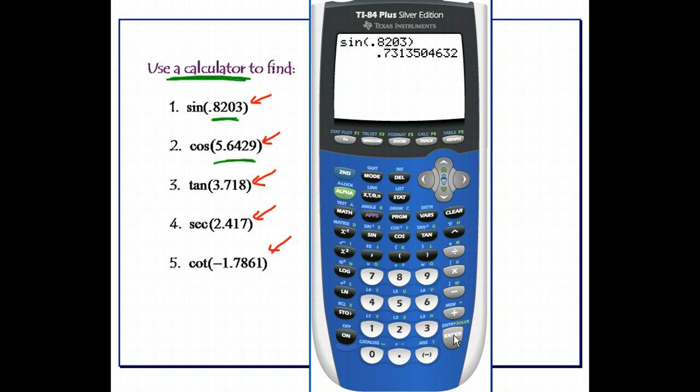How about the cosine of 5.6429? Not sure why they insist on giving so many decimals. Done. Tangent 3.718. Done.